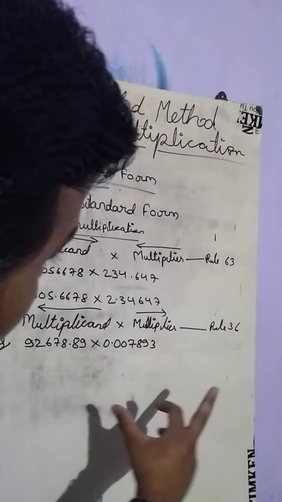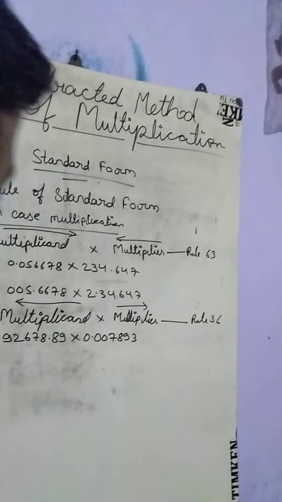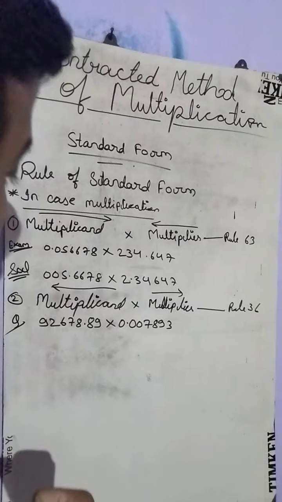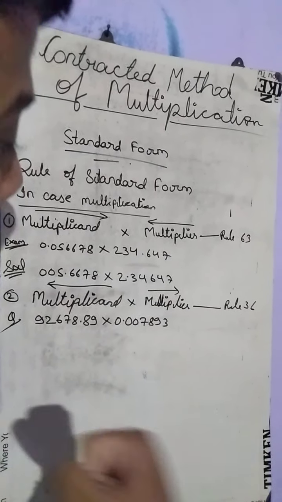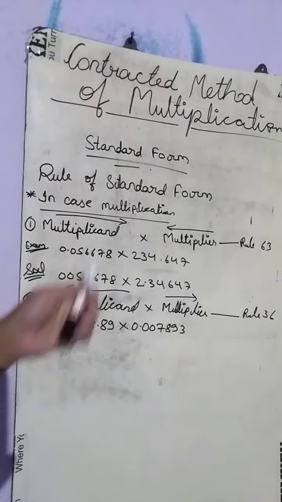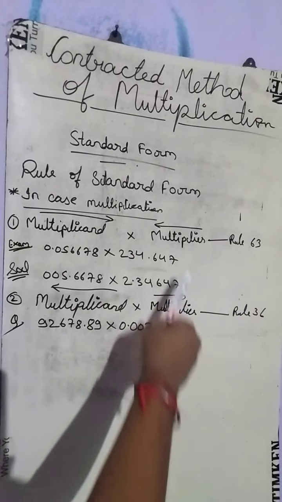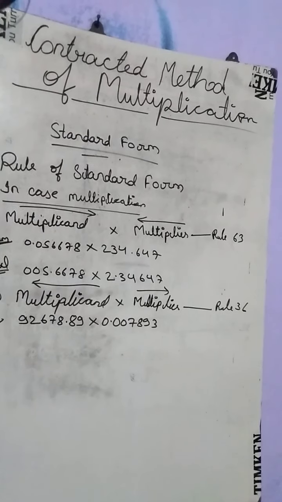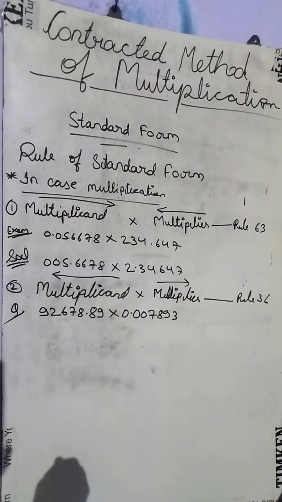The second rule is known as rule 36. In this case, multiplicand and multiplier move in opposite directions. In the first case, we saw that the multiplier increases, but in this case the multiplier will decrease and multiplicand will increase.